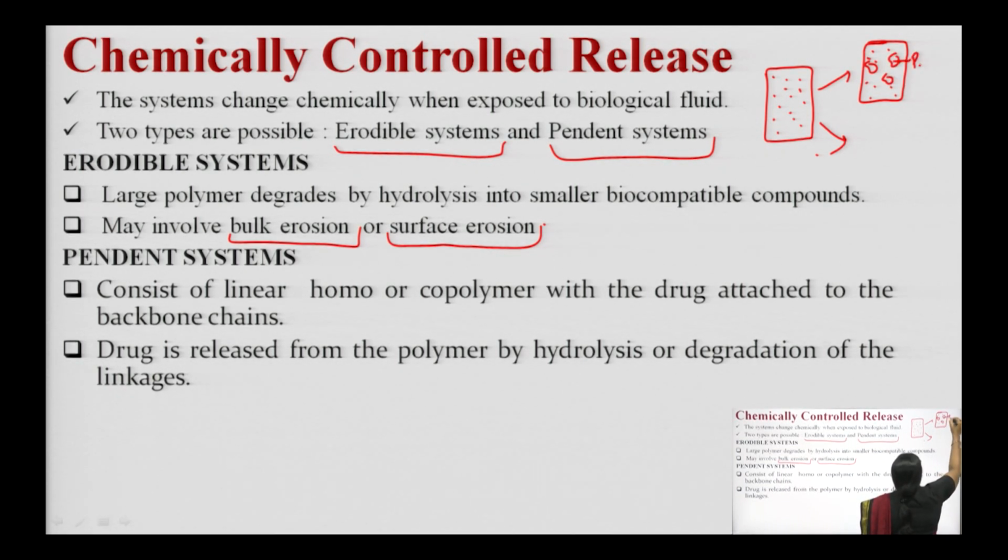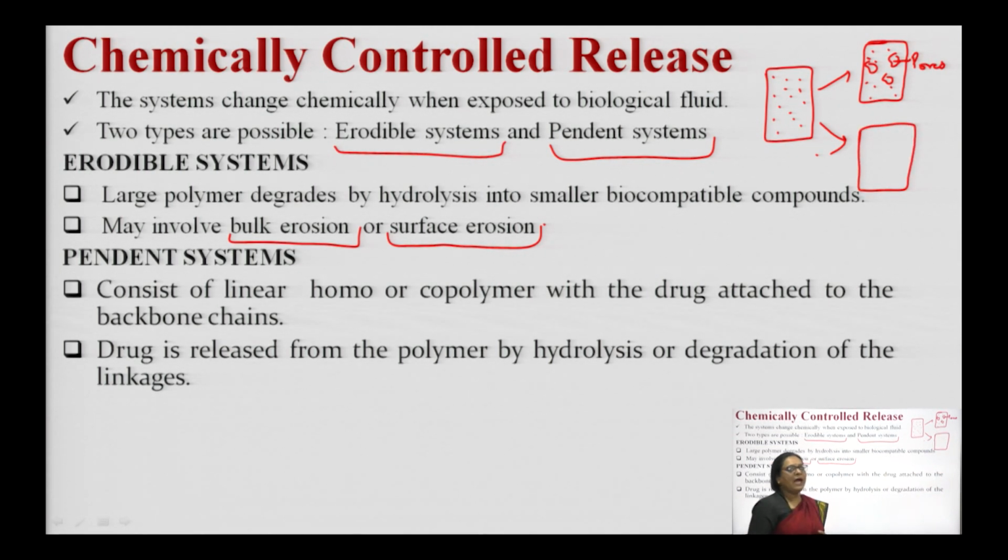These indicate basically the pores in the polymer matrix, right. So, these pores will allow the water or the dissolution fluid to penetrate into the matrix and dissolve the drug and cause the drug release.